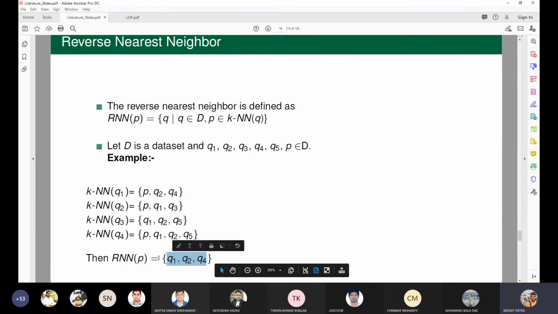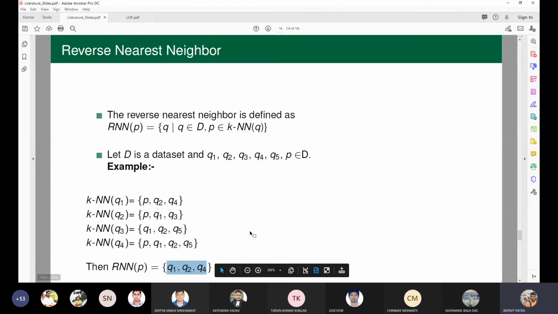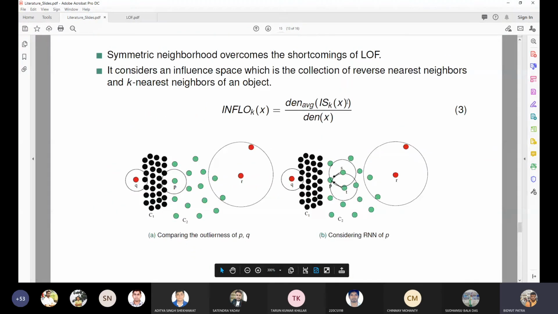Now, in order to compute the influence space, you take this set of points along with the nearest neighbors of P. So what will be the nearest neighbor of P?